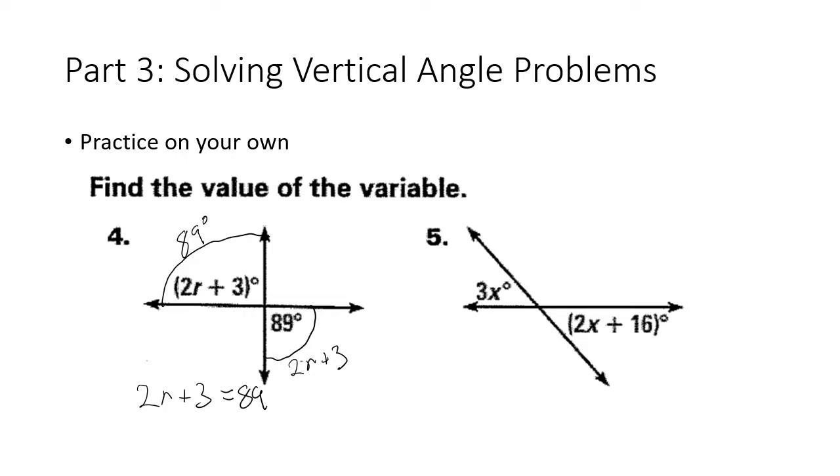At this point, it becomes an algebraic problem where we solve by eliminating everything that isn't the variable that we're solving for to get it alone. So I'm going to subtract 3 from both sides and get 2r equals 86, and then divide by 2 on both sides, which will yield that r equals 43.